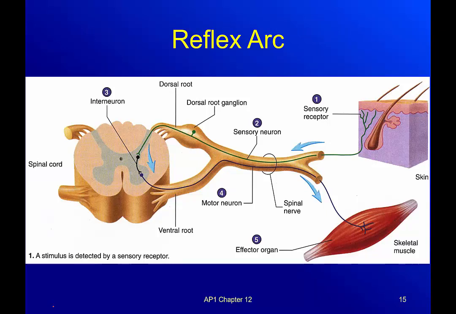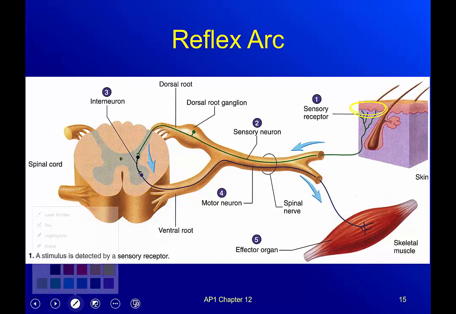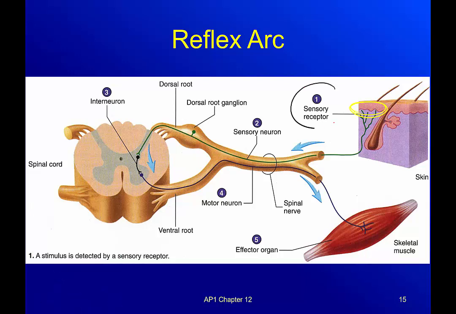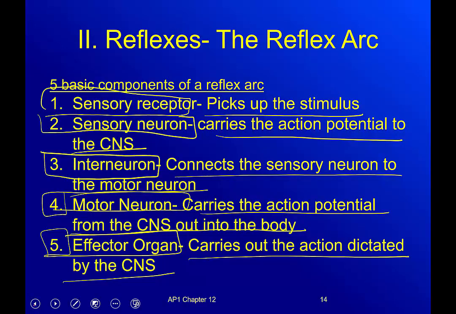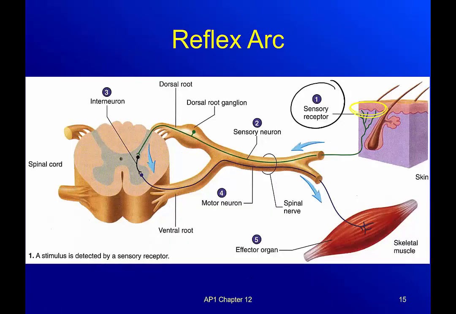So, where is it? Here's my sensory receptor. Let's say that something is burning my arm, and that's the sensory receptor. This is the little dude that is picking up the stimulus, okay? Then I use this sensory neuron. See the green neuron right here?